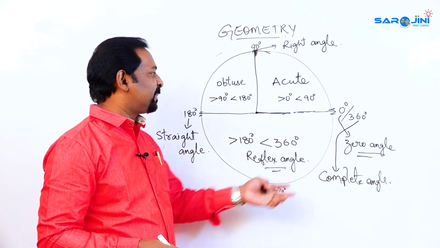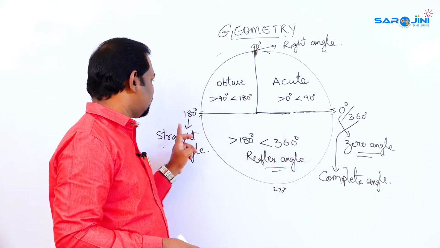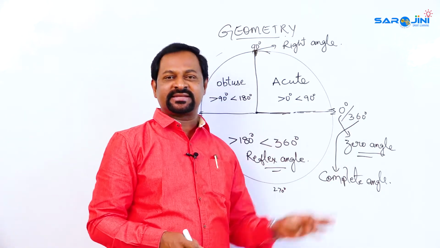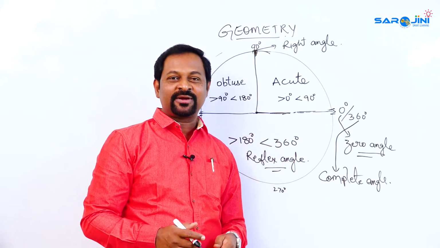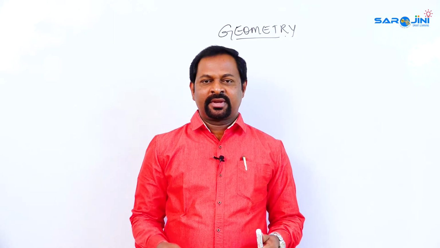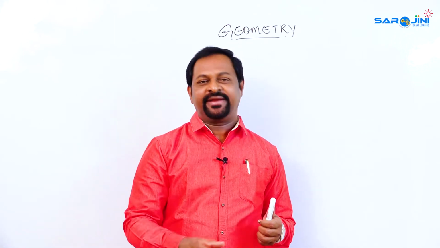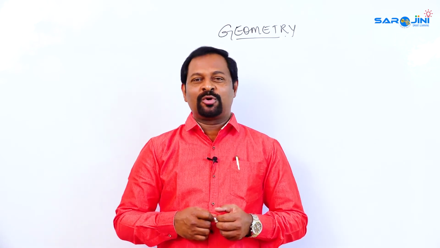So how many names are there? 1, 2, 3, 4, 5, 6 and 7. 7 is nothing but 360 degrees. A circle consists of 360 degrees. Apart from these acute, obtuse, right, straight, reflex and complete angles, there are 2 more angles.